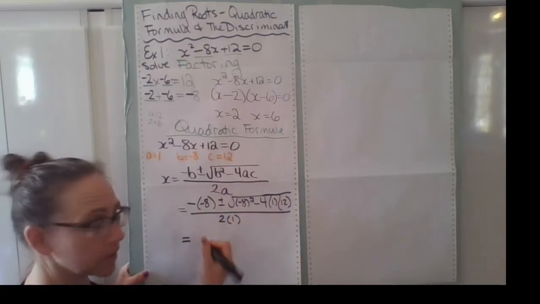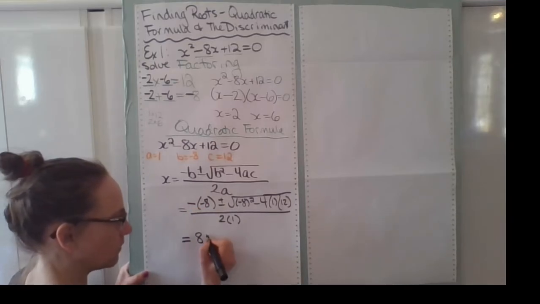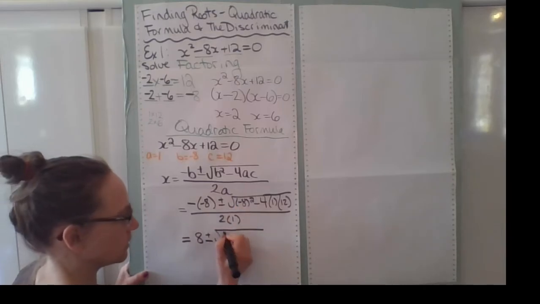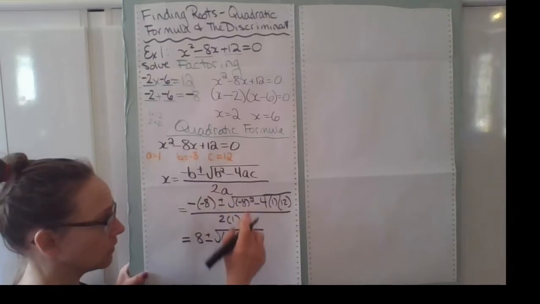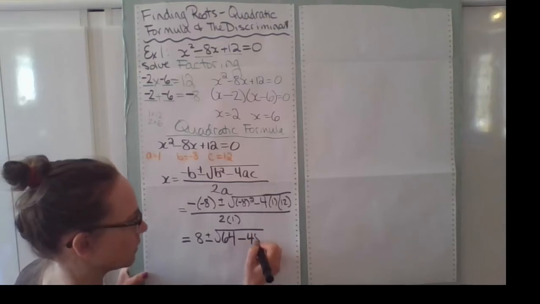Let's simplify it up a little bit. Negative times a negative is a positive, so we have a positive 8 out front, plus or minus the square root of 8 squared, which is 64. Notice that the negative is gone because it's squared. Minus 4 times 12 is 48.